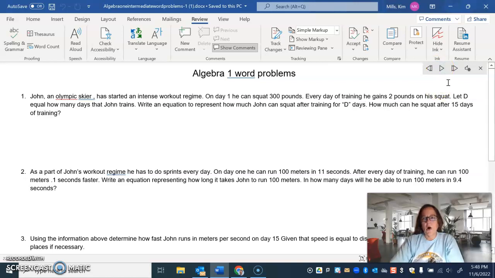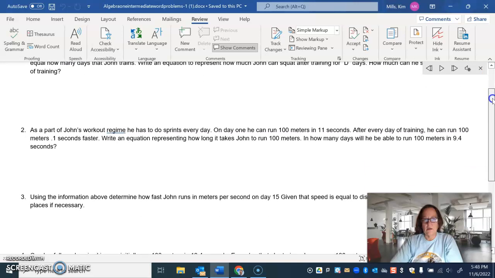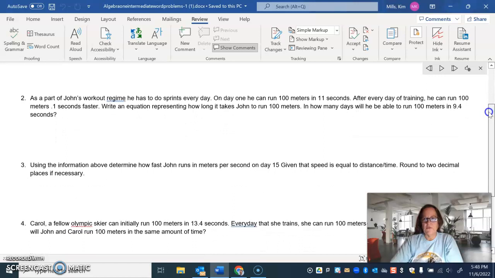The student could then pause it while they do their math work to figure out how many days, how much can he squat after those 15 days of training. And then when they've figured out the answer to that one, they can continue on.